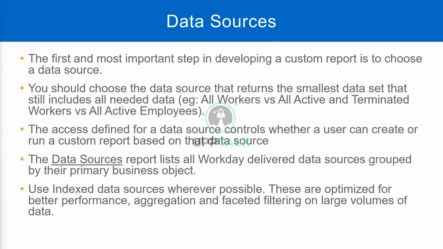Now that is because of performance issues, right? If we choose a data source that already has the necessary information that you want, nothing else, then of course that is the best. You should go forward with that.